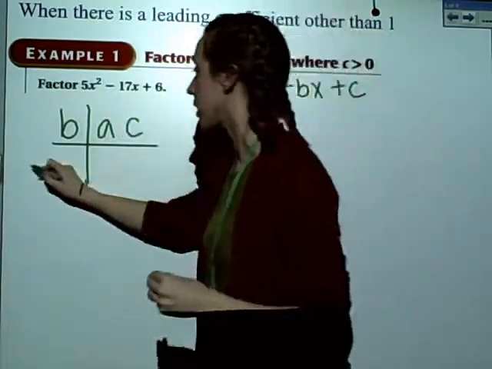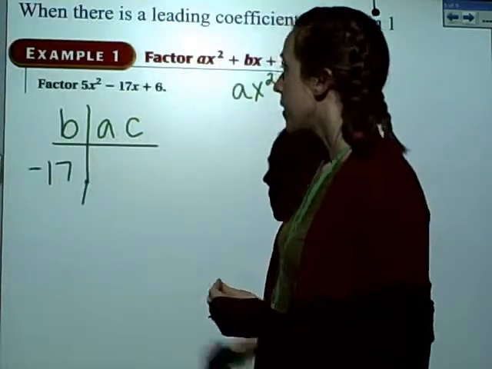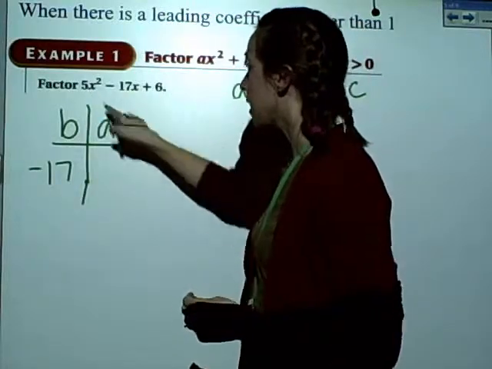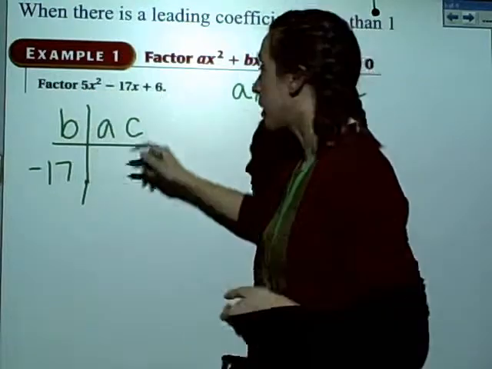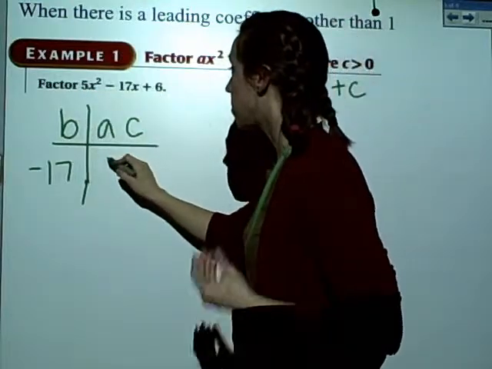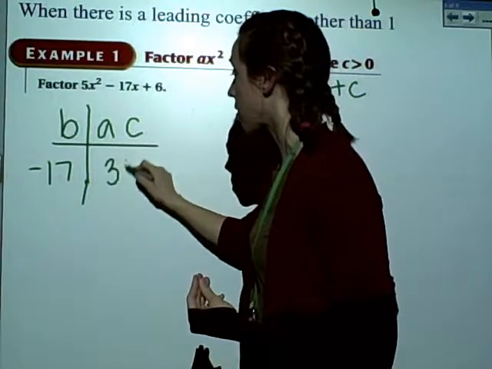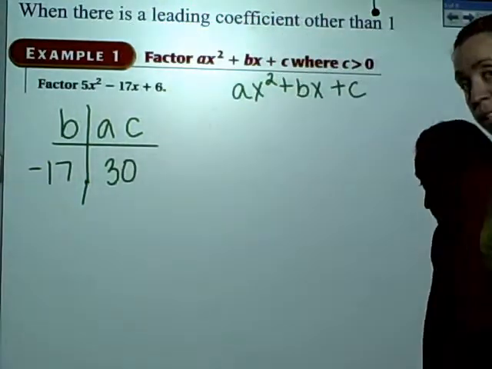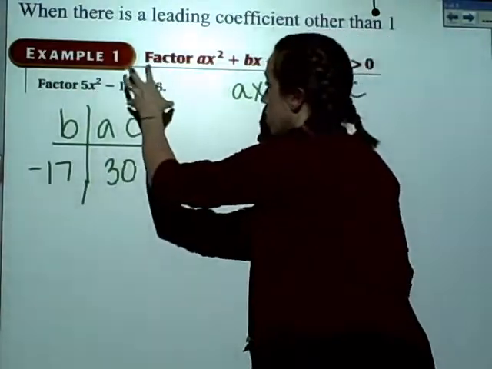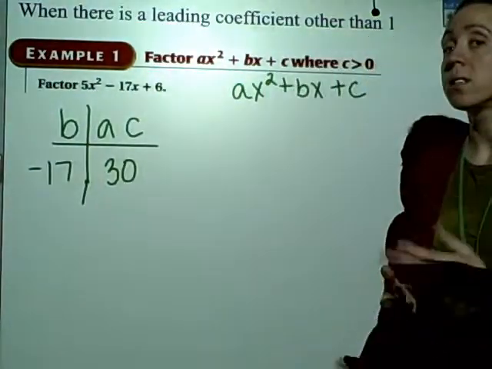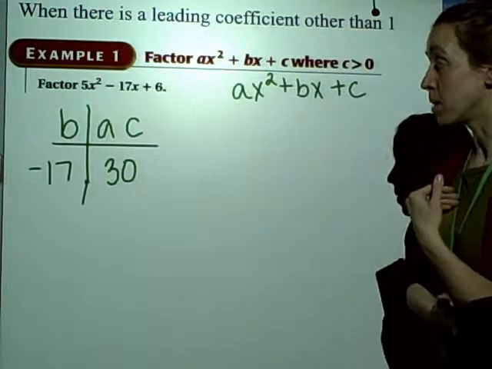I got to watch that negative. And then a and c, my a value is in front of x squared, and my c is at the end. So a times c is 5 times 6, which is 30. The reason I set up this chart is because I'm going to change this quadratic into a different type of factoring problem.